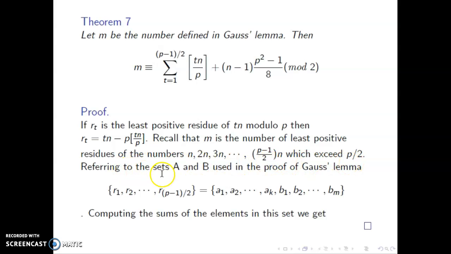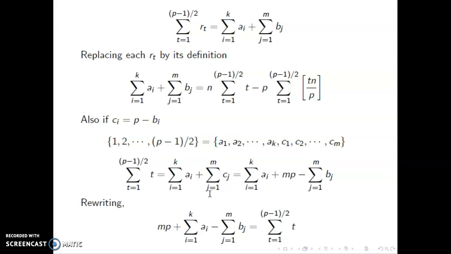And hence, referring to those sets A and B, I know that r_1, r_2, up to r_(p-1)/2 will have all the elements in A and B, that is a_1, a_2 up to a_k and b_1, b_2 up to b_m. Now, when I add all the elements in this set, the sum of all the residues is equal to the sum of a_i plus the sum of b_j.